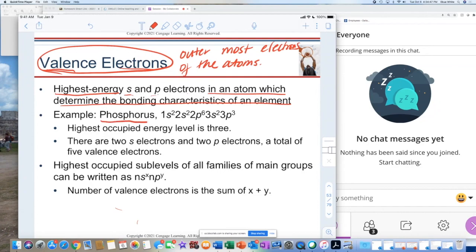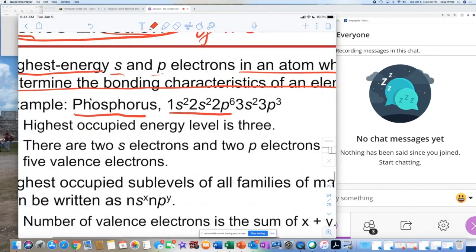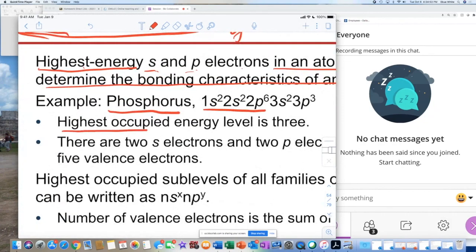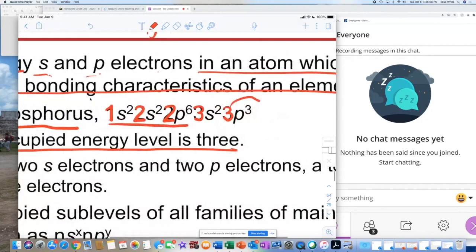Example, phosphorus has this configuration. So they wrote us a whole configuration for phosphorus. The highest occupied energy level is 3. Please notice, when you have this sub-level annotation, these numbers here, the ones I'm highlighting in red, these are your energy levels. The big number. These are your energy levels.